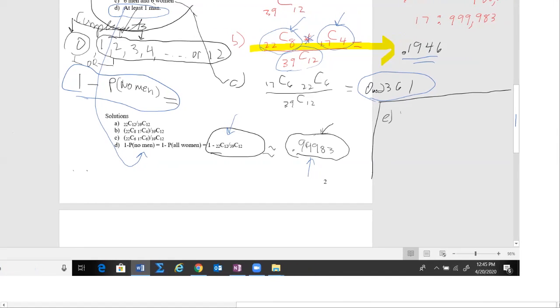Once you start specifying, if you say at least 2, then that's different, because now the complement becomes no men or 1 man. That's the complement now for at least 2. We'd have to do a little more computation, but that's still a good way to go.